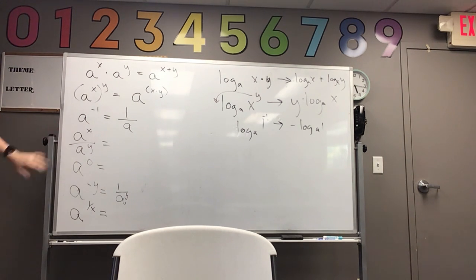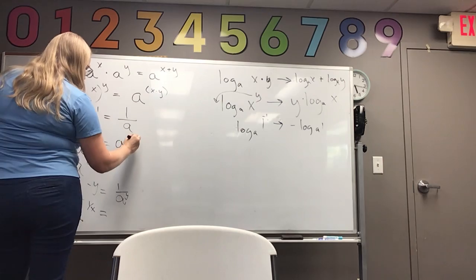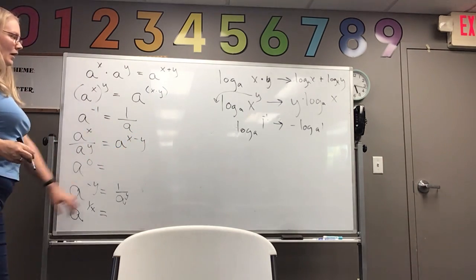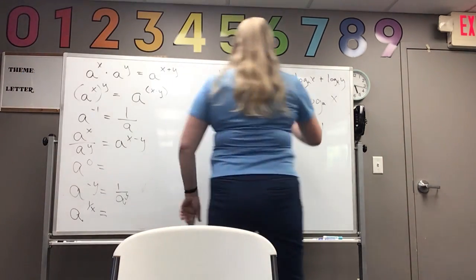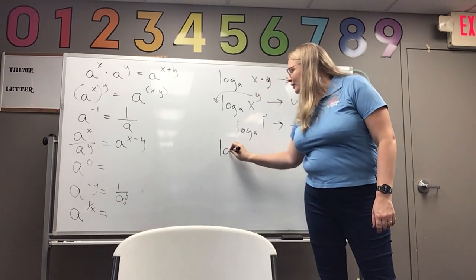How about division of our exponents? What does that do? You have to subtract the exponents. So what's going to happen over here? If our multiplication turned into adding, what's our division going to turn into?